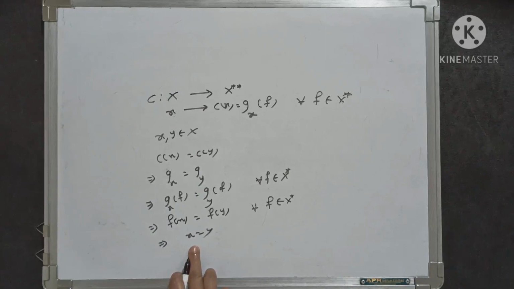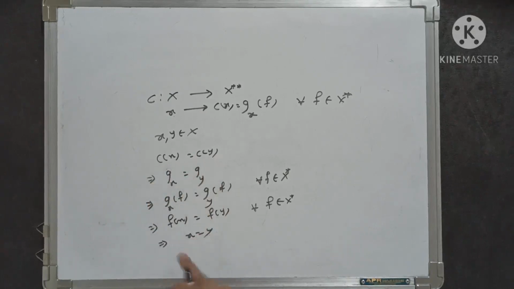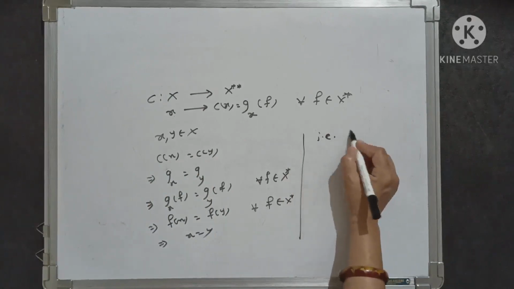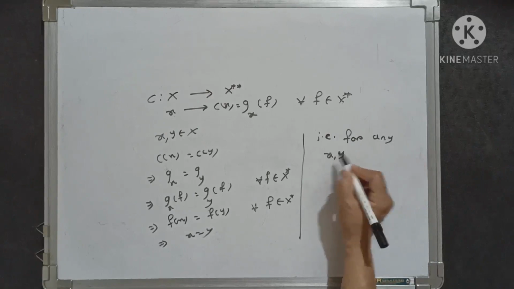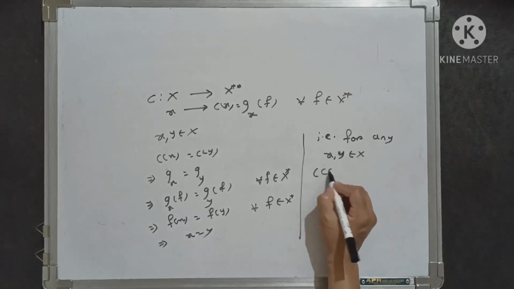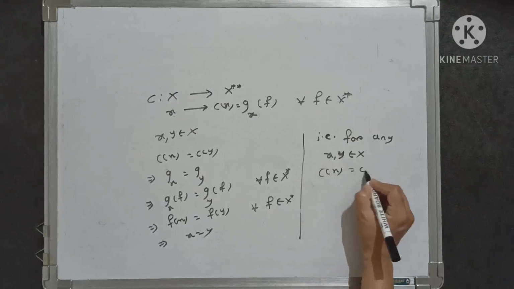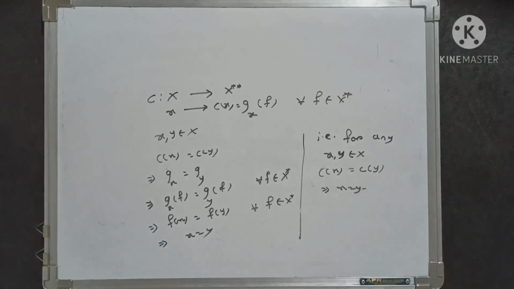Therefore, we start with Cx equals Cy and we get that x equals y. That is, for any x, y belonging to capital X, if the images are equal, C of x equals C of y, then x equals y.